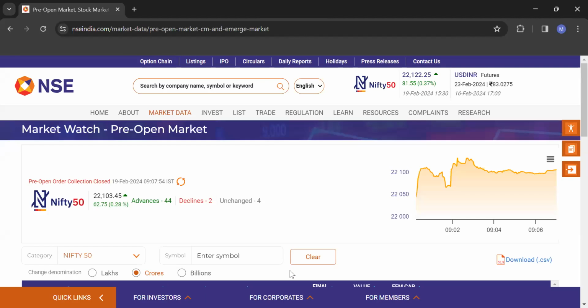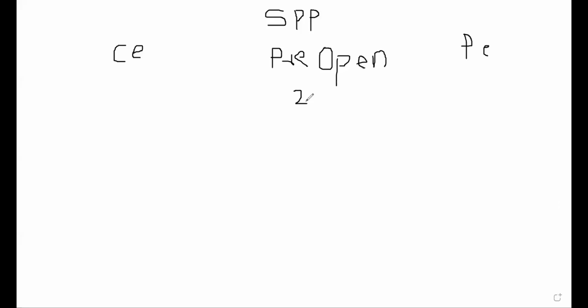Once you get the pre-open, you have to look at the call and put closest to the pre-open. Since today pre-open was 22,103, the strike price selected was 22,100. Now left side is call, right side is put.